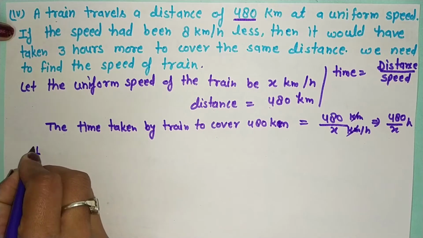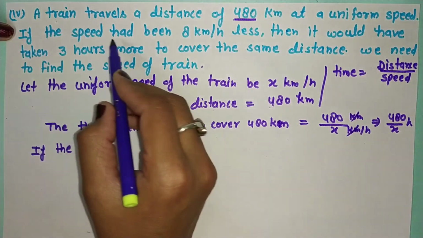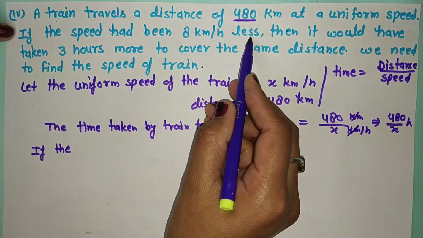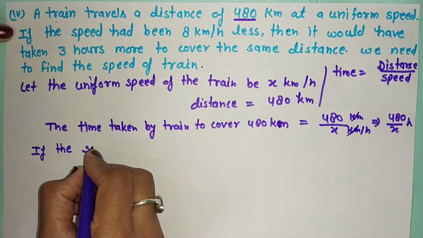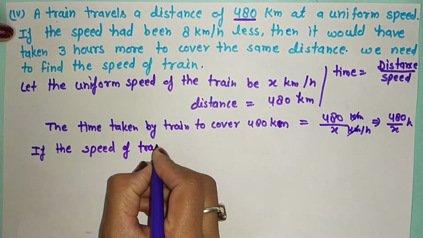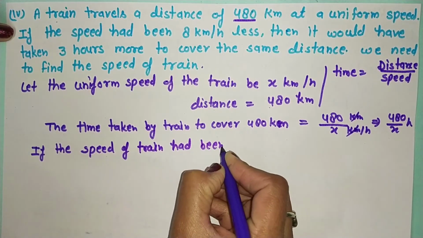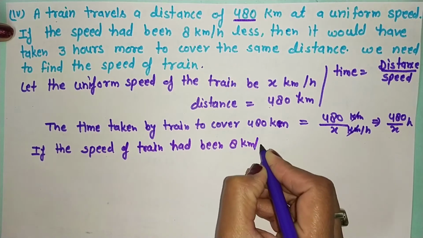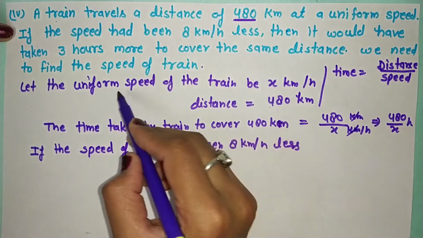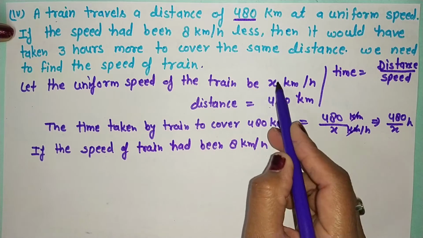If the speed had been 8 km per hour less, if the speed of the train had been 8 km per hour less. First, at starting, the speed of the train is x km per hour.